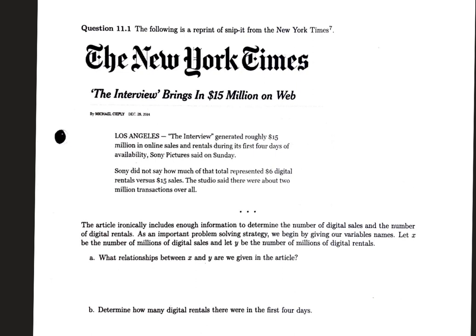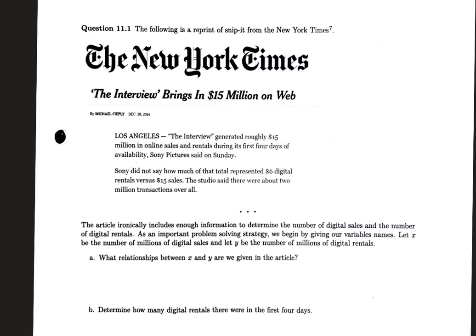As an important problem-solving strategy, we're going to begin by giving our variables names. On any problem, that's always a really good place to start: just deciding what everything equals, or what we can use to represent all the information.